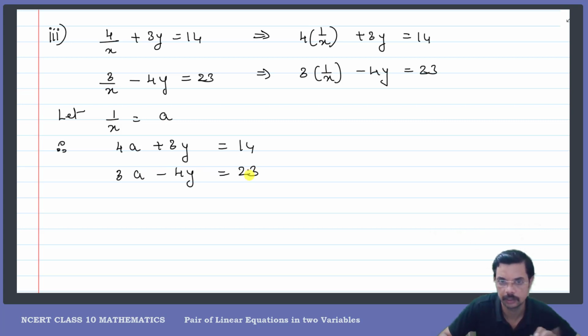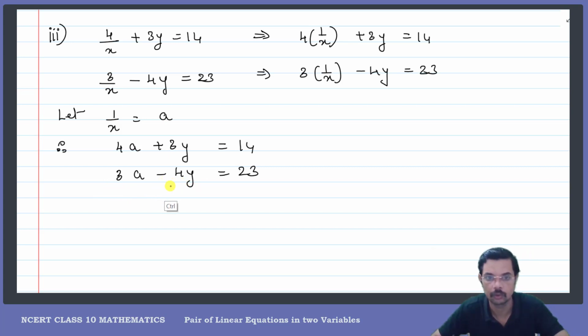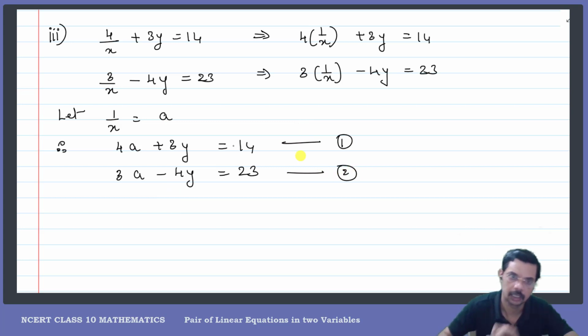equal to 23. That's it. To eliminate, you just need to equate the coefficients. First of all, this is your first equation, this is your second equation. To equate, multiply the first equation by 3 and the second by 4, or the other way around.